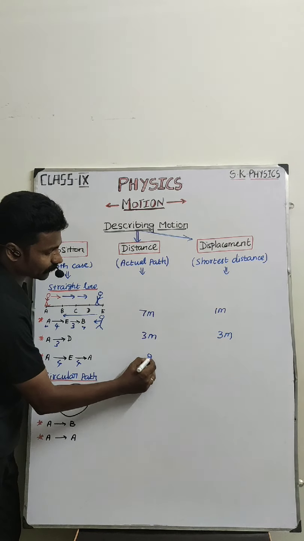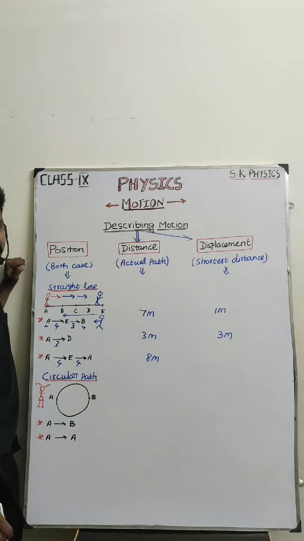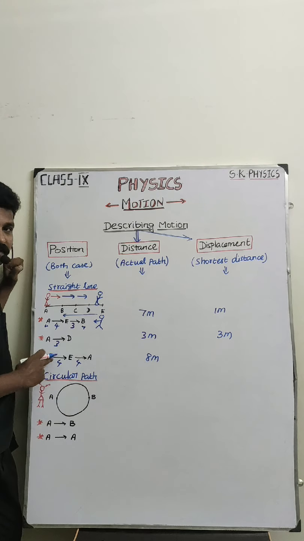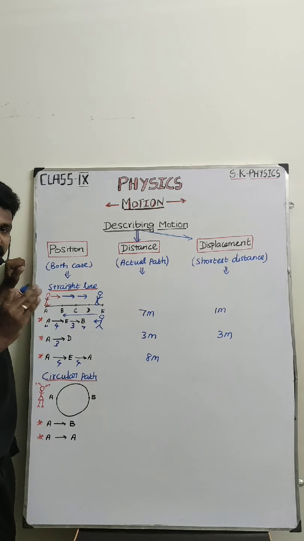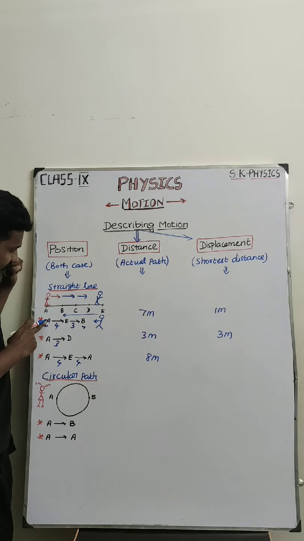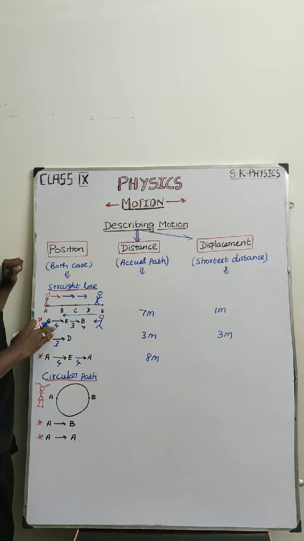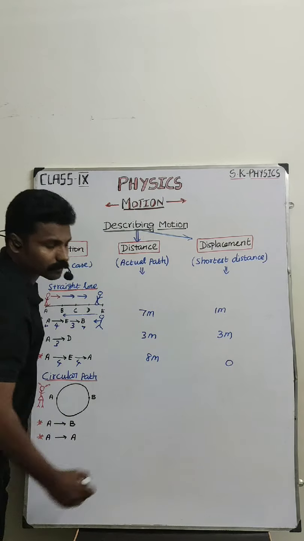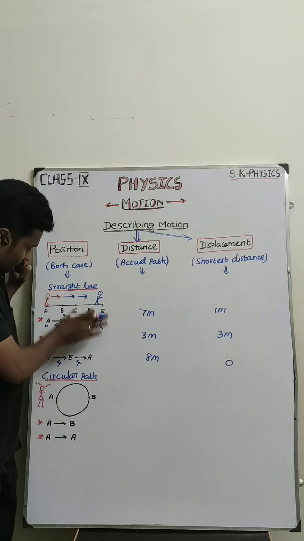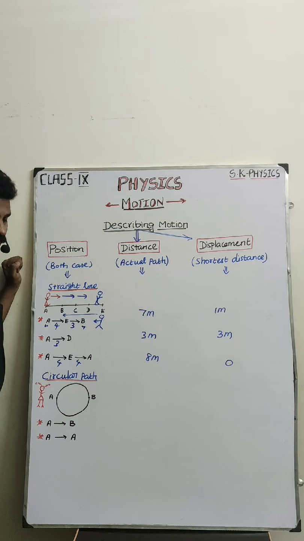So totally 8 meters is the distance. But displacement means the shortest distance between 2 points, especially the initial and final points. The initial point and final point are the same, so the displacement is 0. So these are different example situations in a straight line path.